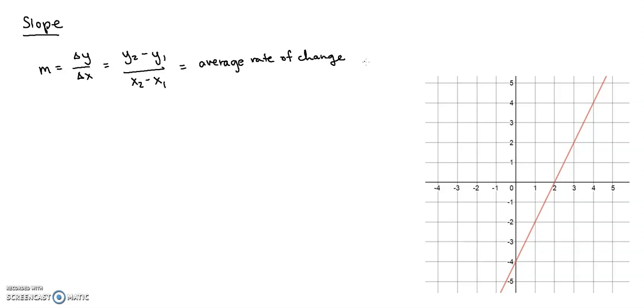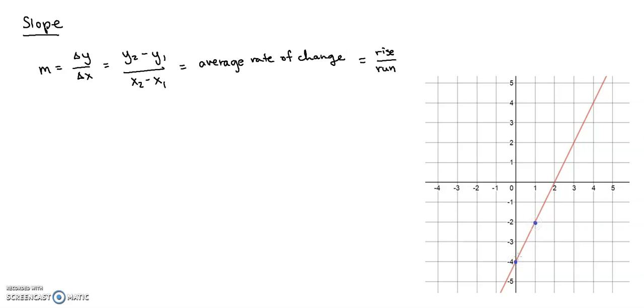You can also count it. You can count out the change in y over the change in x by doing the rise, which is the up and down, over the run, which is the left and right. So let's take a look over here at our picture. Pick any 2 points that you can find on the graph that you can identify clearly.